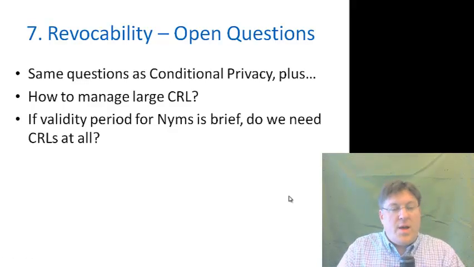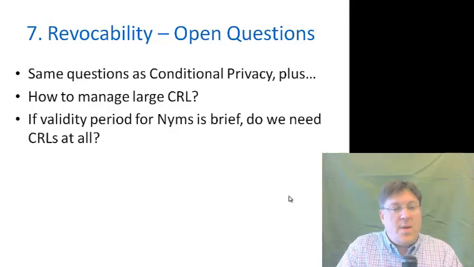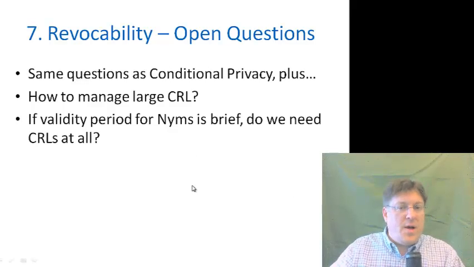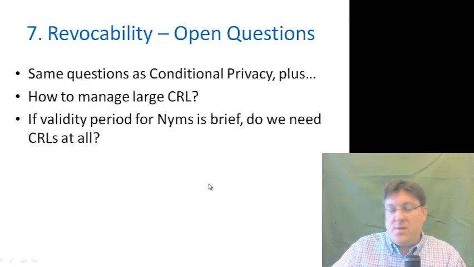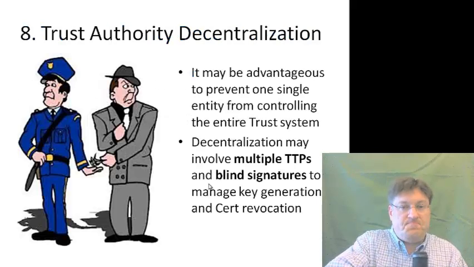The problem again comes to the same questions as conditional privacy, plus how are you going to manage all these certificate revocation lists? They can get to be pretty huge. The other question is, if we can reduce the validity period for these pseudonyms, if they're only 5 or 10 minutes long, do we really need big CRLs? How can we manage that problem? This is a problem that has gotten a lot of attention in the research community, but it is still an open question.